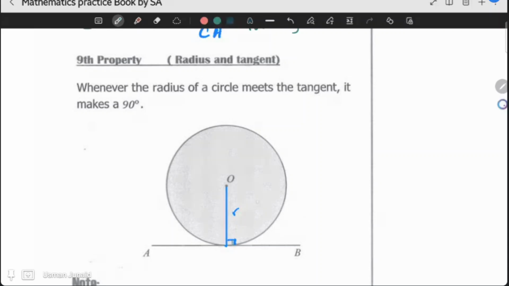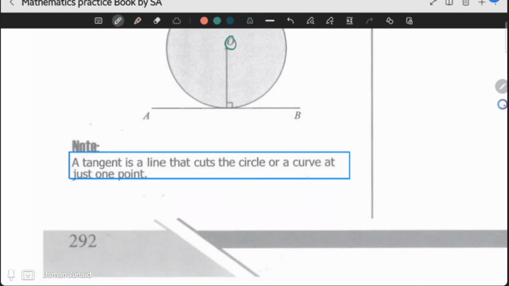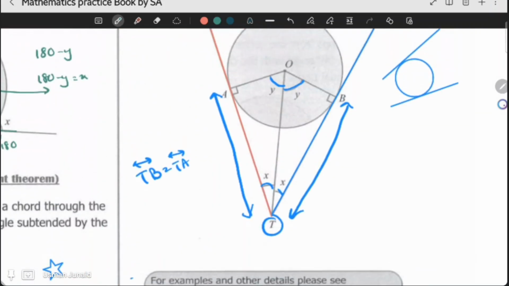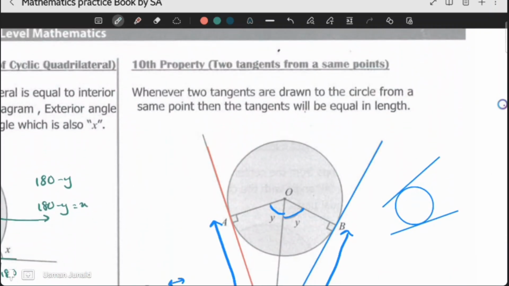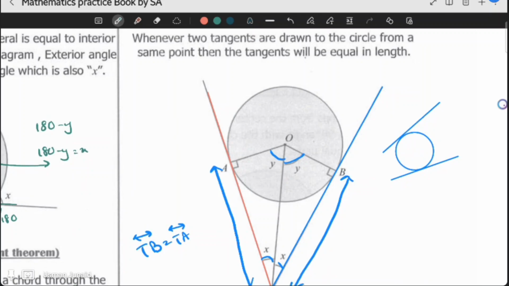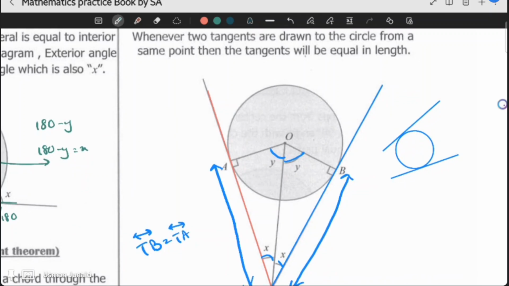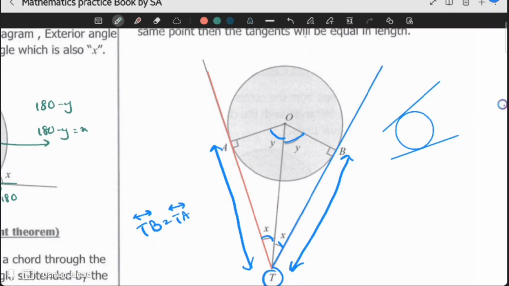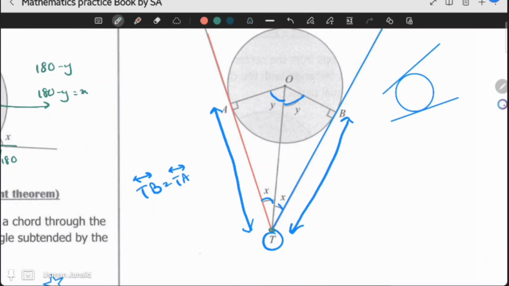Any tangent that meets the origin has a perpendicular, right? So it would be at 90 degrees. Two tangents drawn from a circle, if they intersect at a point, they would have the same length and the same angle.